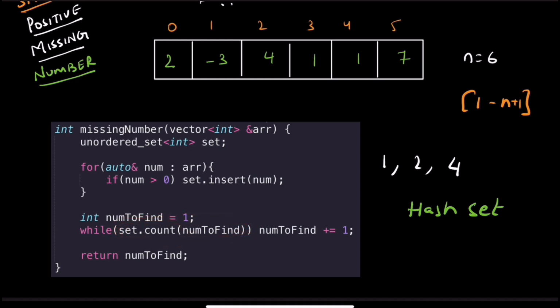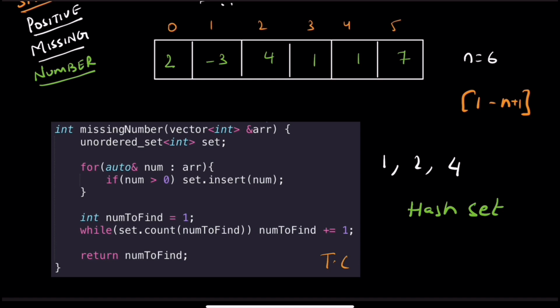There are other methods too, but I find this very easy. So till that number is present in the set, we keep on incrementing it, right? And there will be a condition when the number will not be present in the set, so this condition becomes false. After this condition becomes false, it breaks out of the loop and whatever numberToFind is updated, we will simply return it. Okay, so this was the easy code.